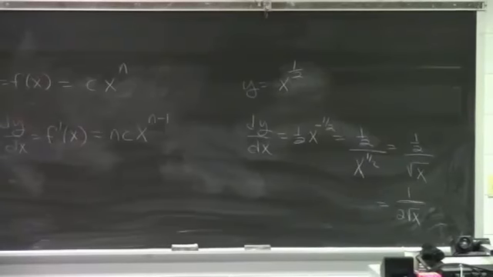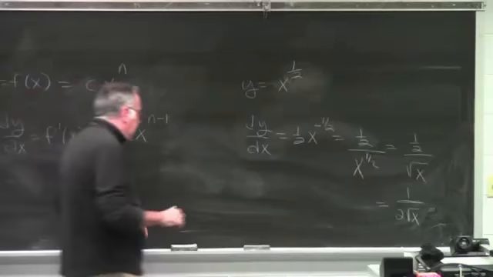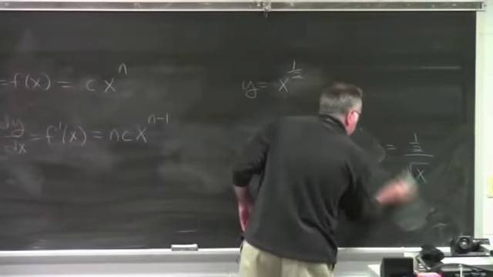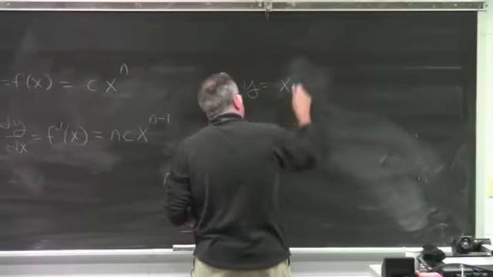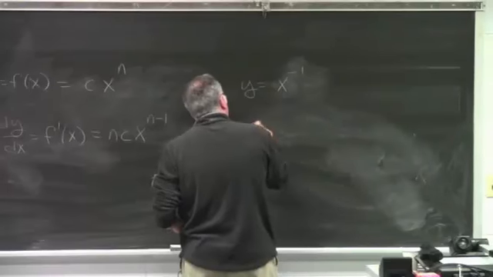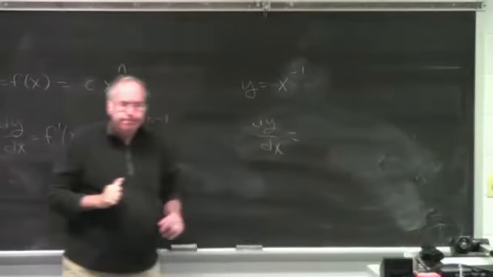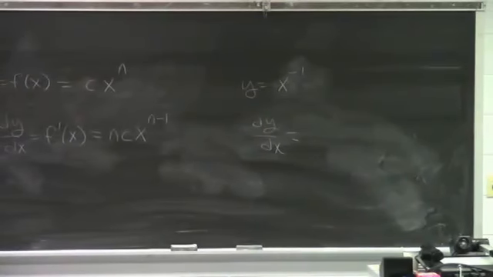The exponent could be negative, and the rule still works. For example, if you had y equals x to the minus 1 power, what is dy dx? Anybody?